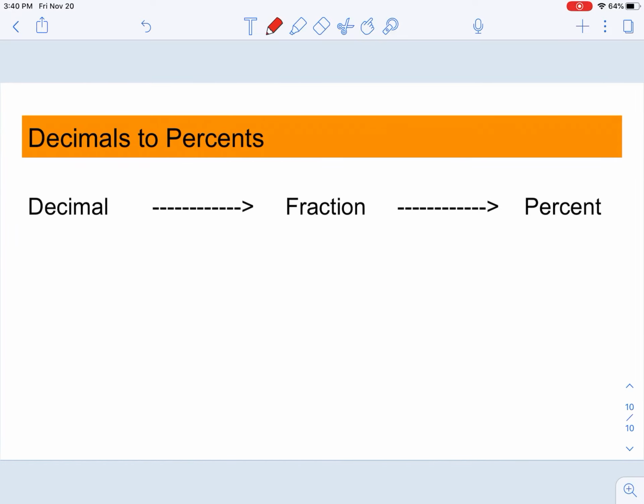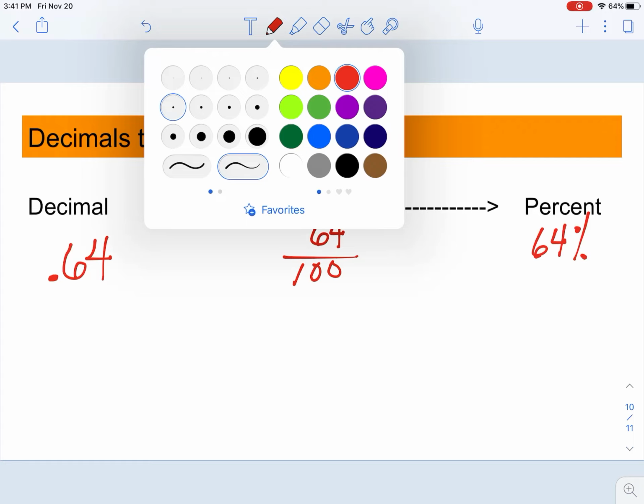Let's look at a few examples. 64 hundredths. If I want to write it as a fraction first, I know that it's 64 over 100, 64 hundredths. And because it's out of 100, it's 64%. Let's try another one.